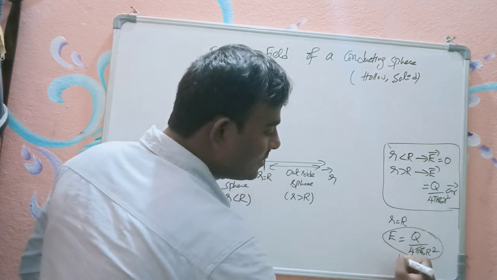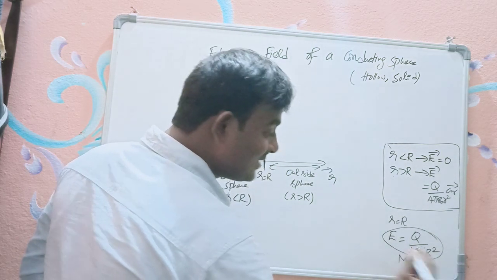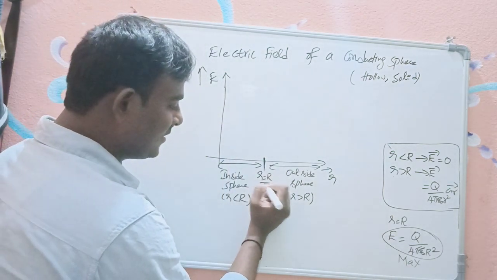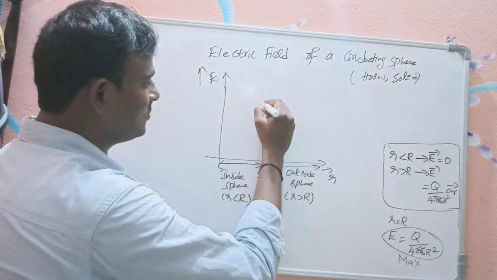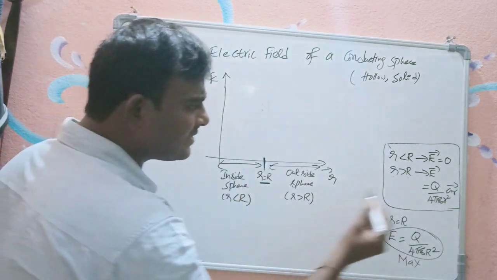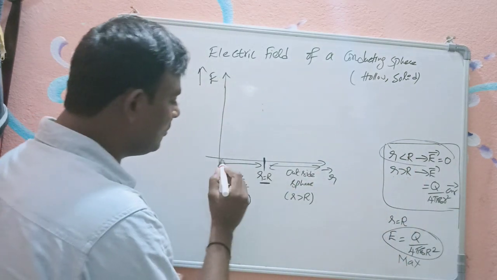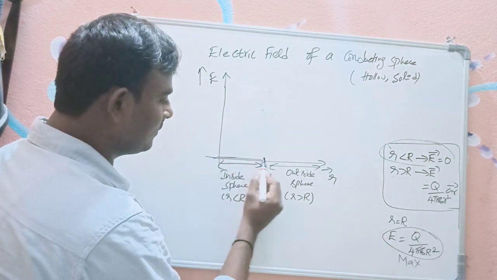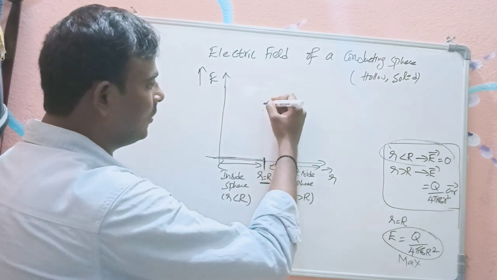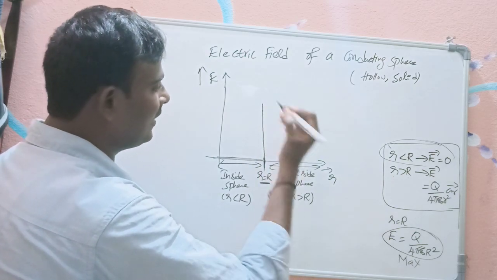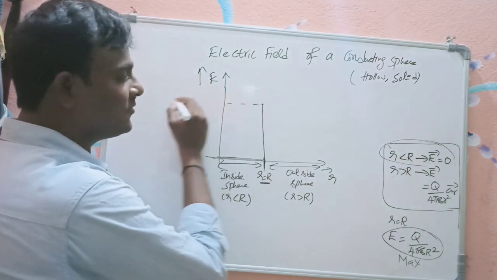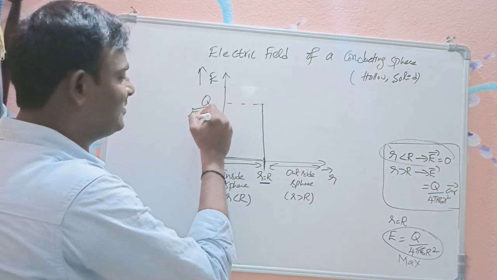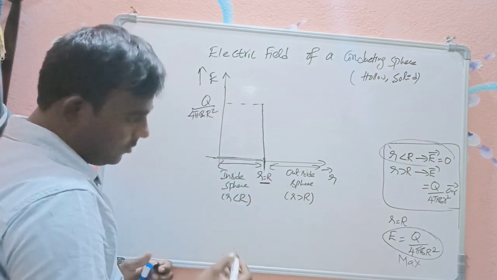This is the maximum amount of field, which is exactly on the surface. So for the region inside the sphere, the field is 0. Exactly at r is equal to R, you will have the field maximum. What is this value? This value is Q by 4 pi epsilon naught capital R square.